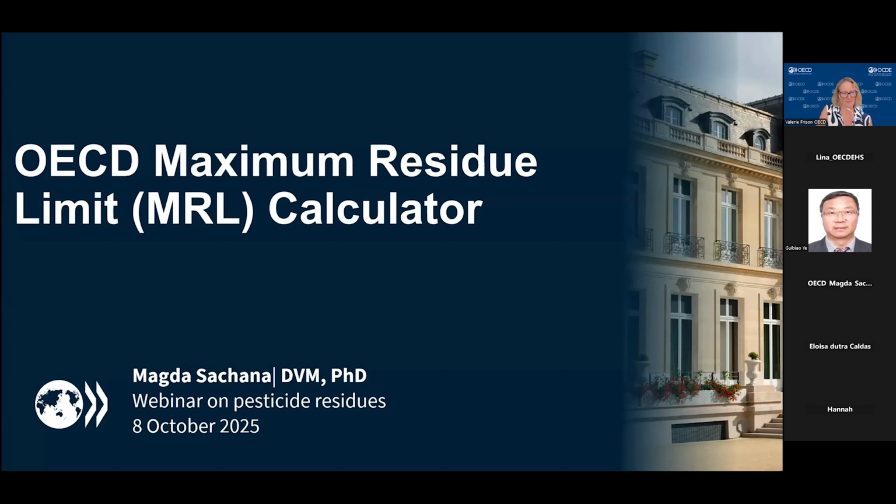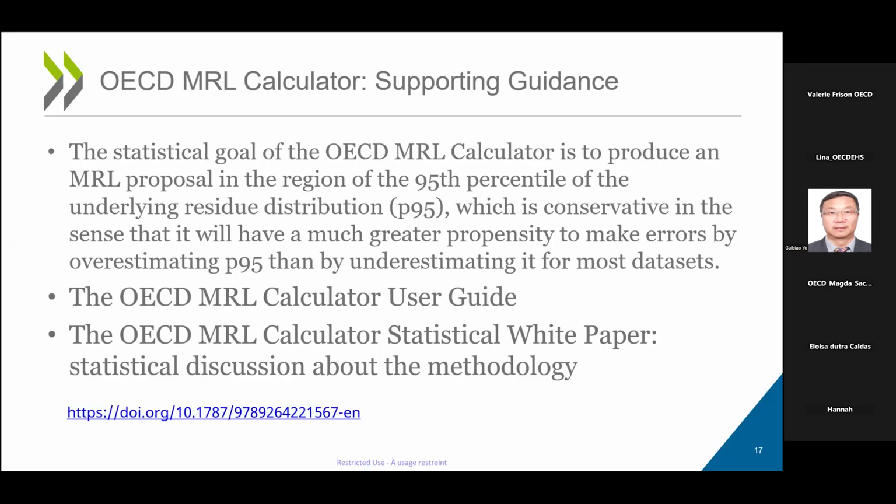So this presentation is about the OECD Maximum Residue Limit Calculator. It's going to be very brief, because we have a stable and very well detailed guidance to support this tool.